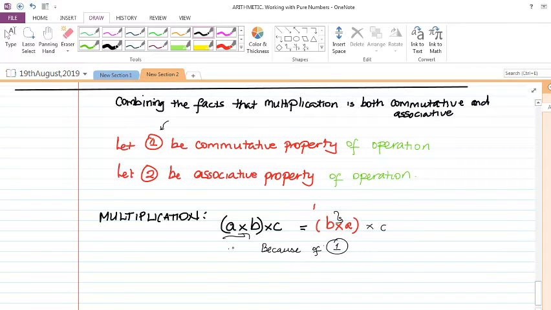Now, I can come here and say the product of A times B will be equal to C multiplied by A times B, and what I'm doing, I'm using this because of property 1.